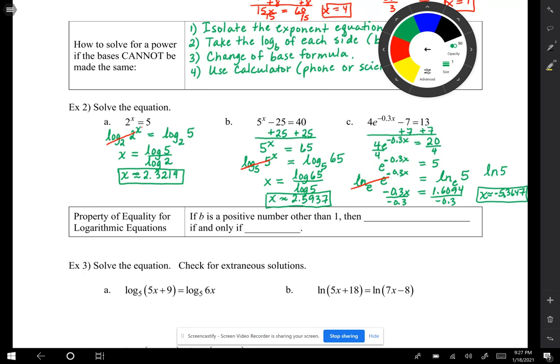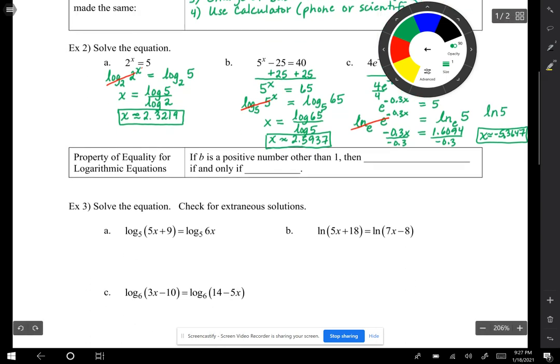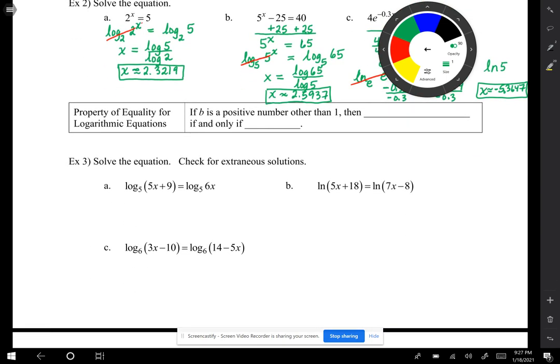Okay, so far all we've talked about has been solving exponential equations. What if we are asked to solve logarithmic equations? So here's the property of equality for logarithmic equations. If b is a positive number other than 1, just like exponential equations, then log base b of x is equal to log base b of y if and only if x equals y.